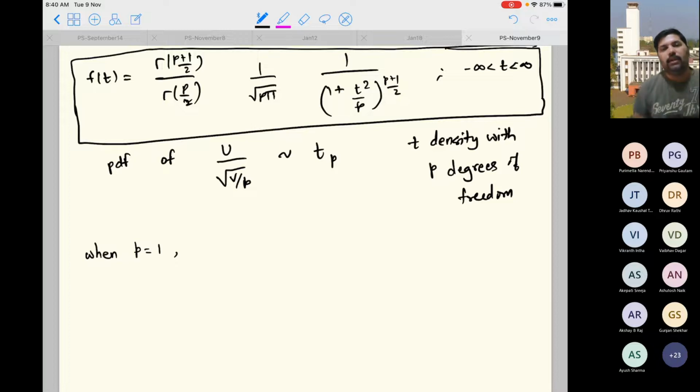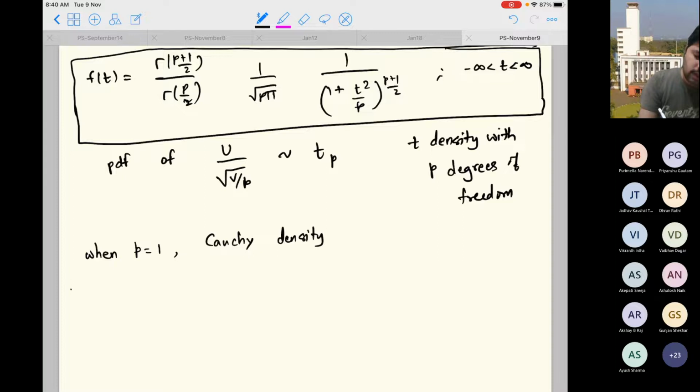Which density do we get? For p equal to 1, in the numerator you have gamma of (1 plus 1) by 2, so gamma 1 is 1. Then you have gamma half, which is root pi, and p is equal to 1, so root pi, you get 1 by pi, times 1 by (1 plus t square). You see, Cauchy density, right? So this actually is Cauchy density when p is equal to 1.